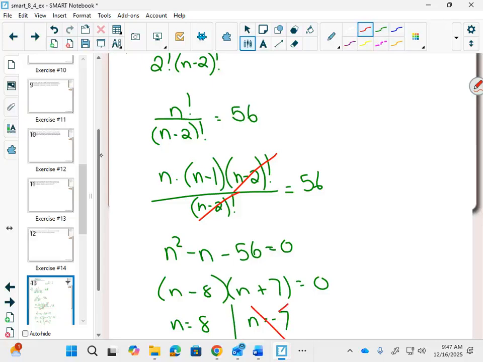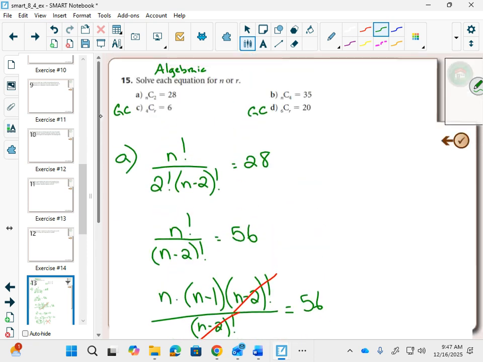The answer itself being negative isn't wrong, right? Because here actually +1 wouldn't work either. Can you see if one of your answers was +1? 1 minus 2 would give you a negative factorial. So you do have to plug it in and check that you don't have a negative factorial. And so the only answer here is n equals 8.